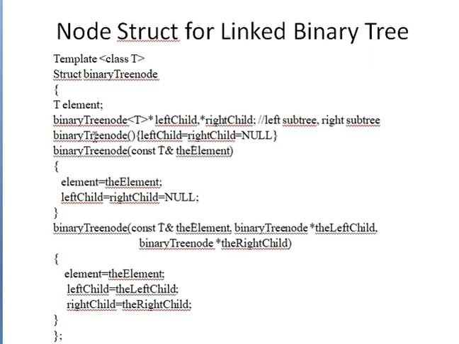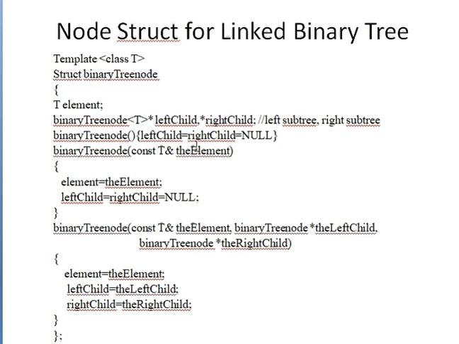The first constructor's job is to create the binary tree node with no argument. So this binary tree node doesn't have any argument, so left child as well as right child are set to null. That is to say, creating a binary tree node. The second form is binary tree node with element.